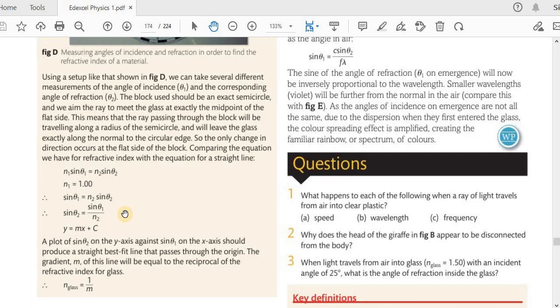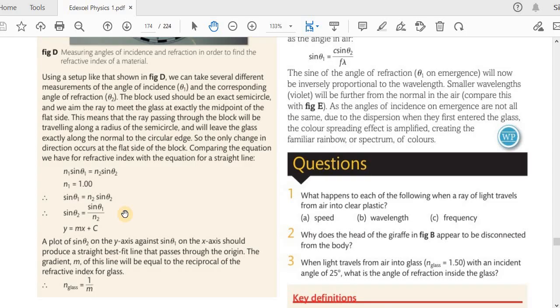Here we are not using theta 1, we are using sine theta 1 as the x, which is the independent variable. Then sine theta 2 is the dependent variable, because that angle theta 2 depends on theta 1. If we increase theta 1, theta 2 will increase.